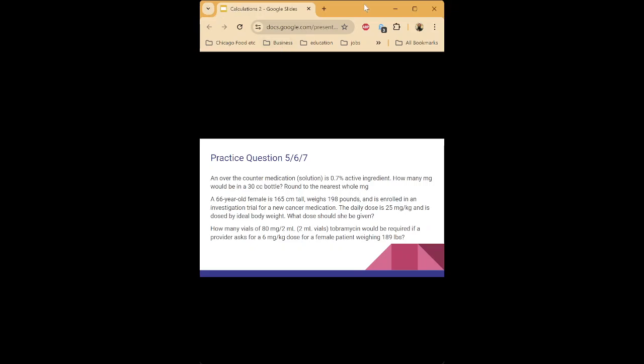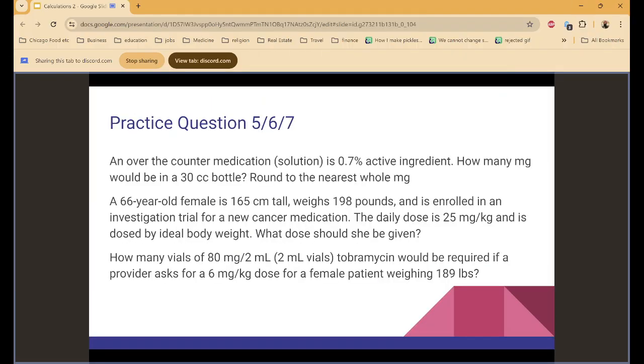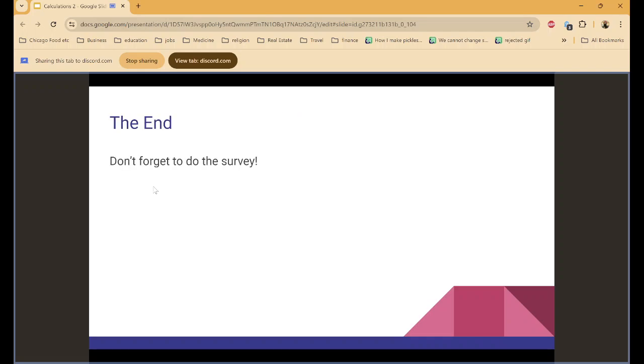Does anyone have any questions or concerns about the problems that we have done today, calculations in general, the Naplex, MPJE, or, well, if you're not sure why the sky is blue, we'll have to get to that privately.